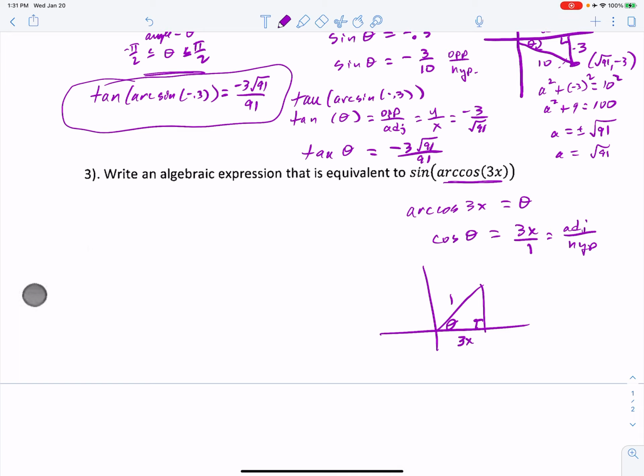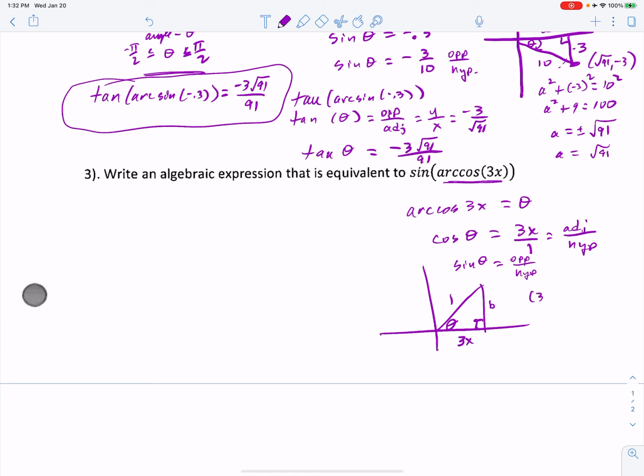And so the sine of this angle is going to be opposite over hypotenuse. So I need to find this side, and I'm going to need to do that algebraically.